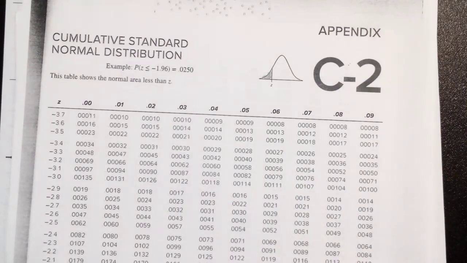It shows the area being shaded in all the way from the left, just like the picture we drew of our normal distribution. So I want positive 0.7143.